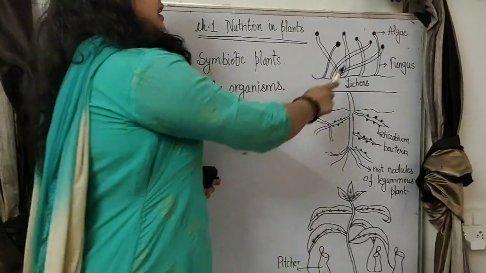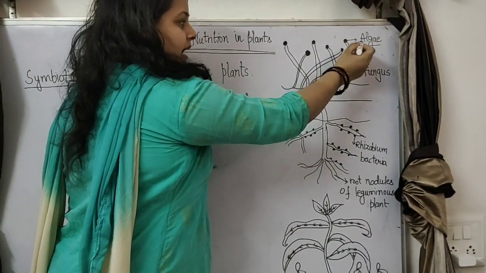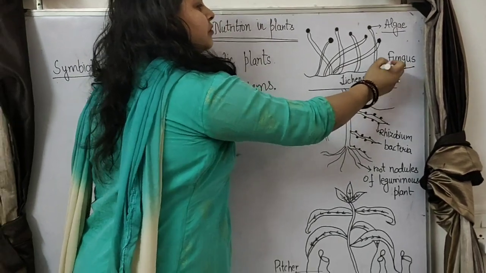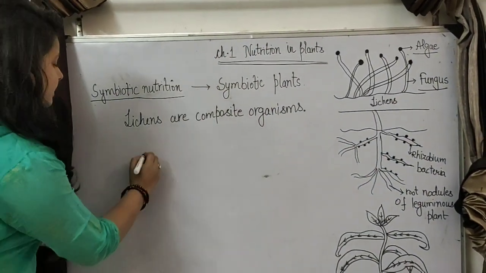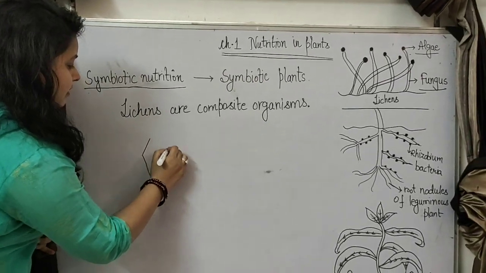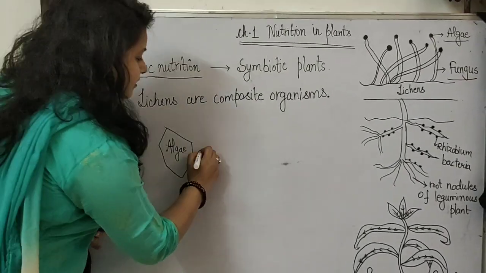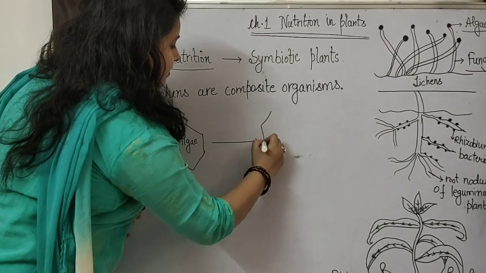See here, lichens are having two partners. First is algae and second is fungus. So we can say that lichens are having two partners. One is algae and second one is fungus.